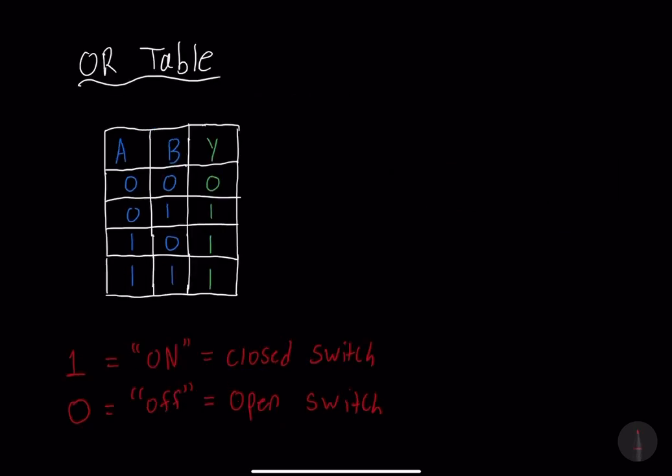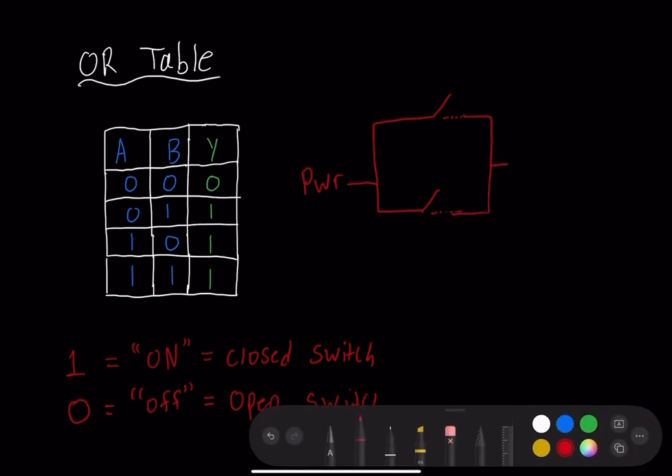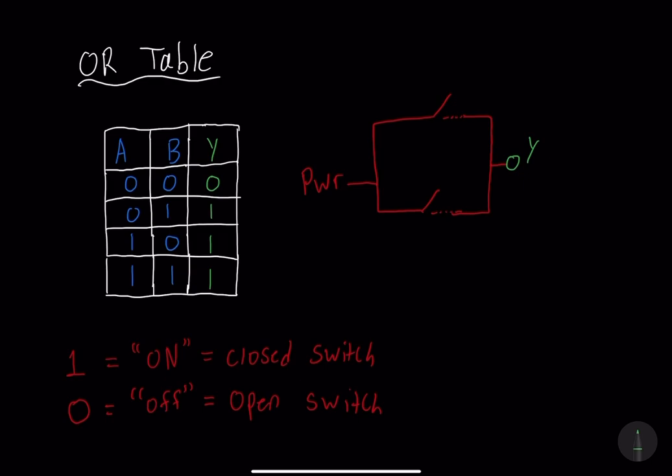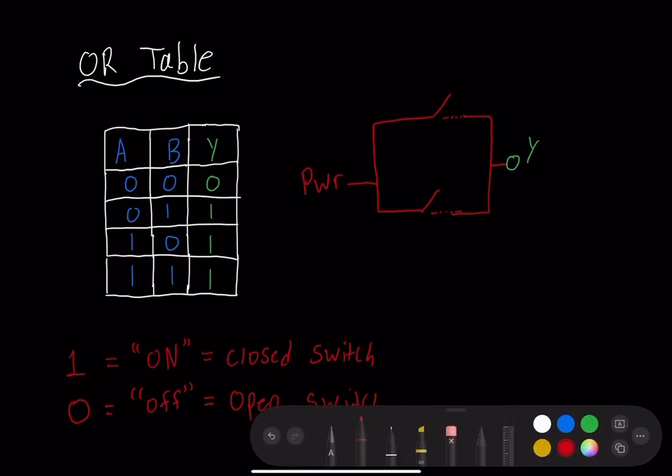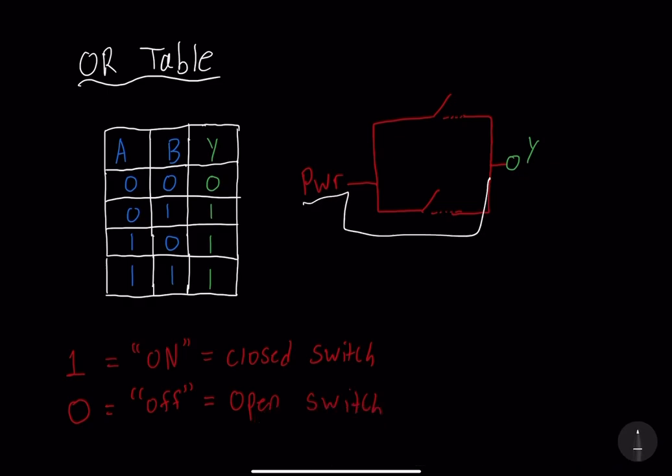So now let's look at the OR truth table and explain how it works in the circuit manner like we did for the AND truth table. Let's say we have another power, but instead of a series circuit, we'll make it a parallel circuit, with still an open switch on each path, all connecting through and reaching an output Y. The difference between the series we had earlier and the parallel now is that only one of the paths needs to work for the power to reach Y, whether it's the bottom path or the top path.